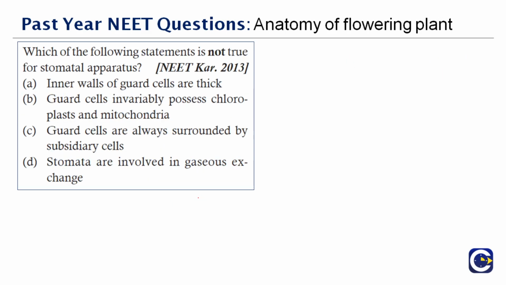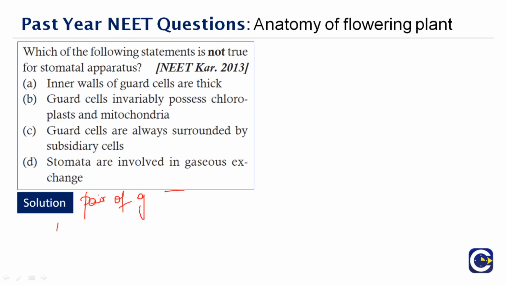Okay, next question here. Which of the following statements is not true for stomatal apparatus? Now for this we have to analyze each option. Now look at the first option here. Inner walls of the guard cells are thick. Guard cells invariably possess chloroplast and mitochondria. So what is stomatal apparatus now? It is a pair of guard cells, right?